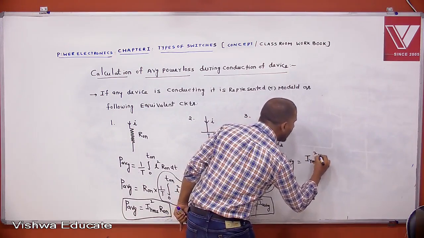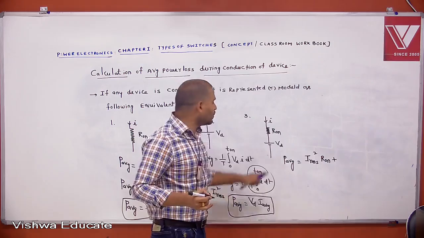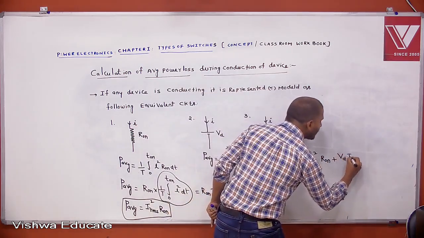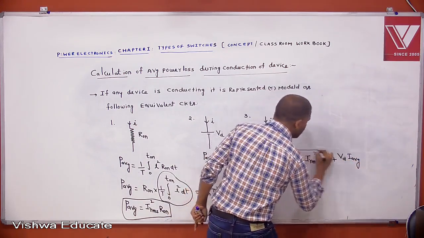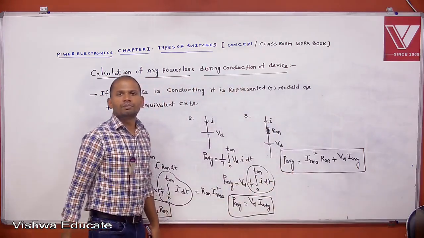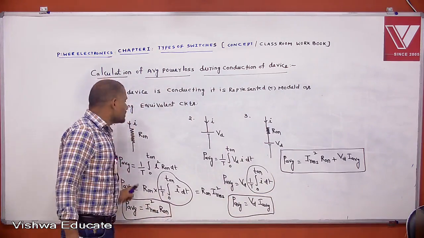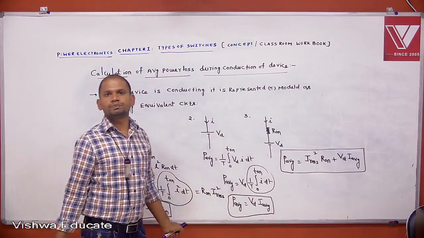That is I RMS square into R on, plus, with respect to constant voltage drop, how to calculate average power loss? Vd into I average. Like this, you can calculate the average power loss based on the equivalent representation: with respect to resistance, with respect to constant voltage, and a combination of these two.